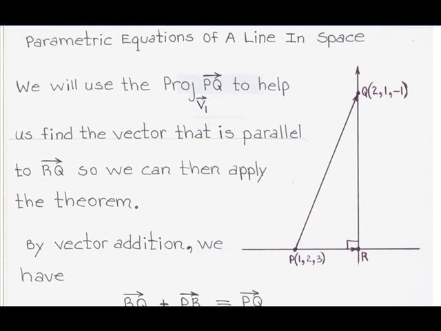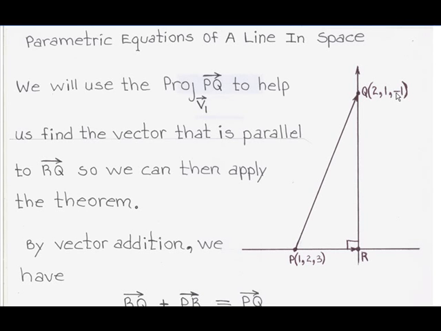Now, ladies and gentlemen, we will use the projection of PQ onto vector V1 to help us find the vector that is parallel to RQ, so we can then apply the theorem. Now, that's the essential part here. We need this projection because it's going to allow us to find the vector that is parallel to vector RQ that goes through the point 2, 1, negative 1.